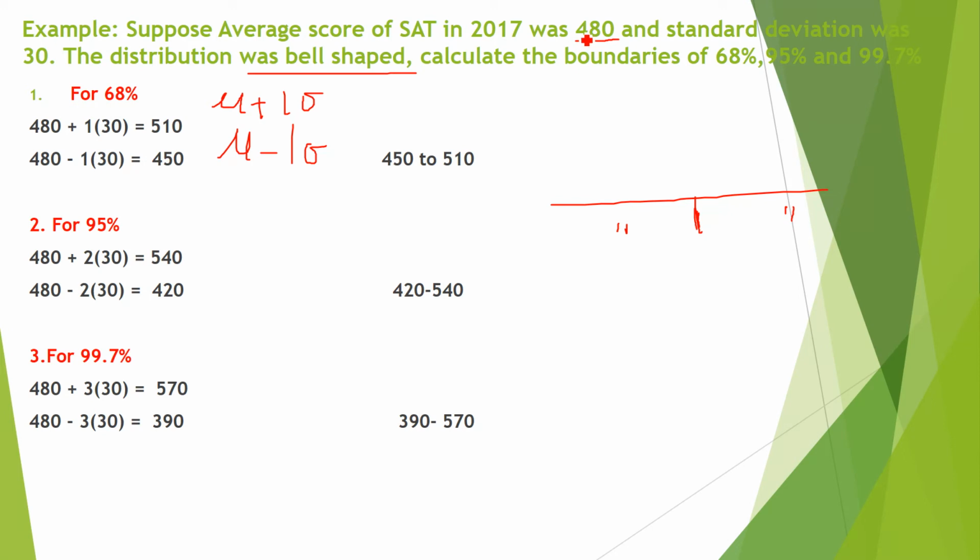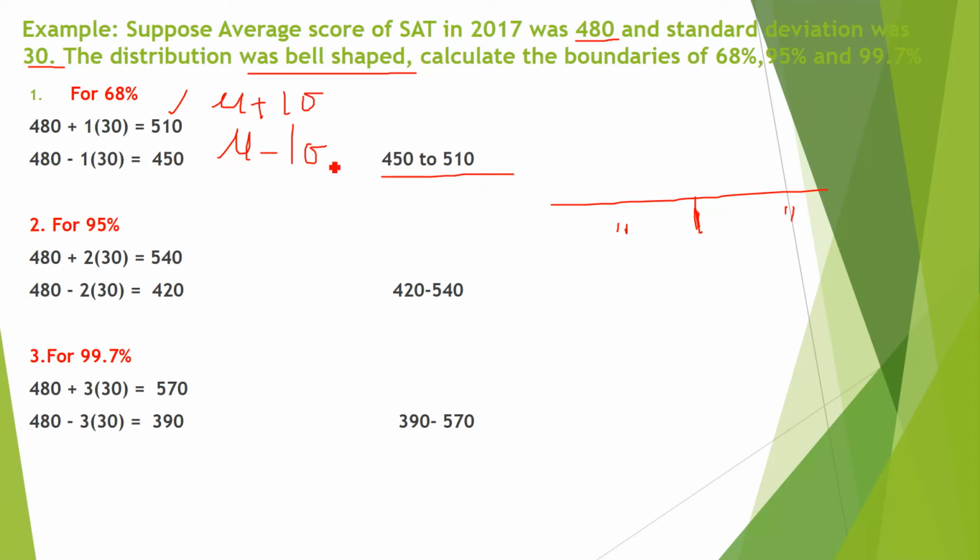So mu is 480 plus 1 sigma, which is 30 standard deviation. You will get 510. Mu 480 minus 1 sigma 30 is equal to 450. So your range is 450 to 510.